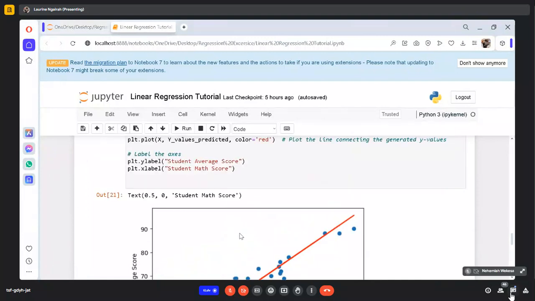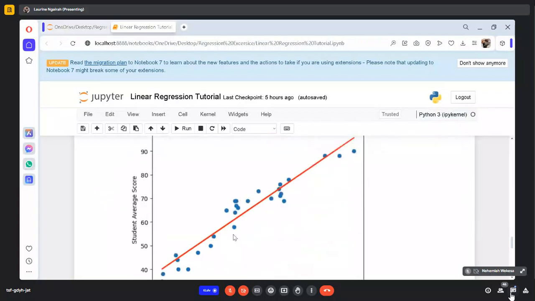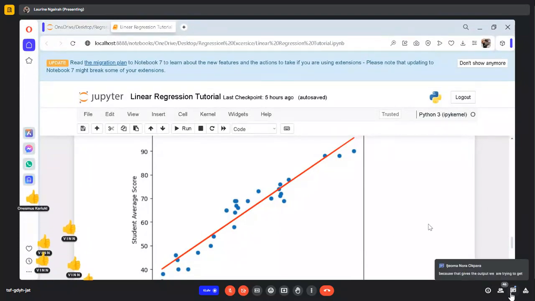It's giving us the best position this line can be in to minimize these distances. So this is the best it can be. Is there any question, or can we move on? I hope it is clear now. Okay, thank you.